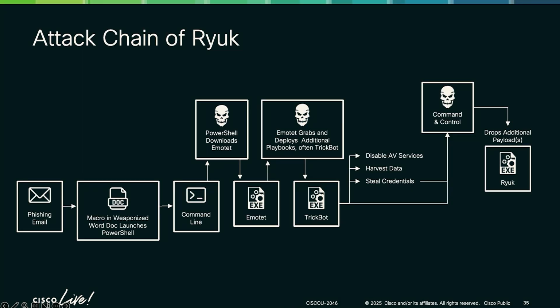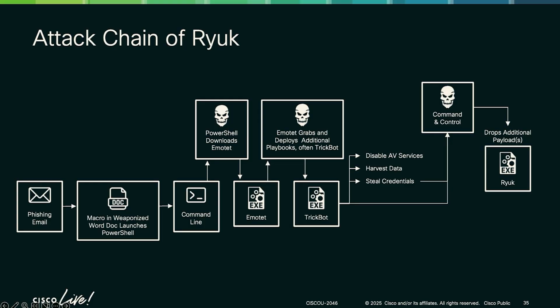But to give you an idea of the attack chain of this malware, it really started with a phishing email. When you opened up that link, it was essentially a doc that ran a macro which launched a PowerShell script. That PowerShell script first downloaded Emotet, so it's leveraging another piece of malware initially. Emotet then grabs and deploys some additional pieces of malware, such as TrickBot.